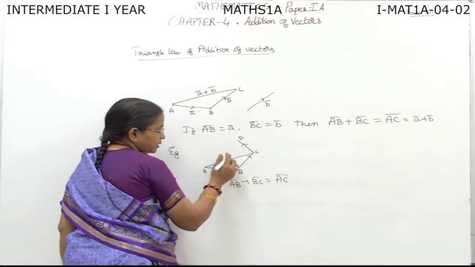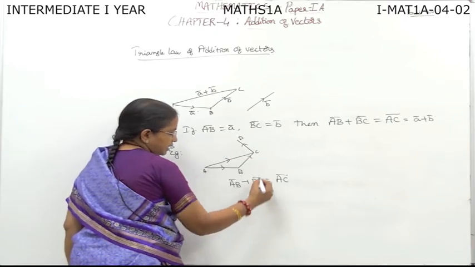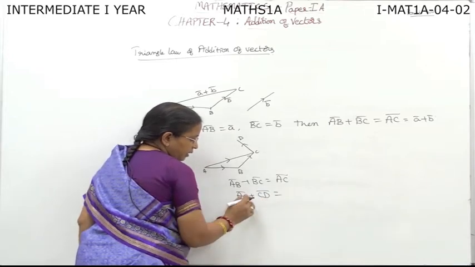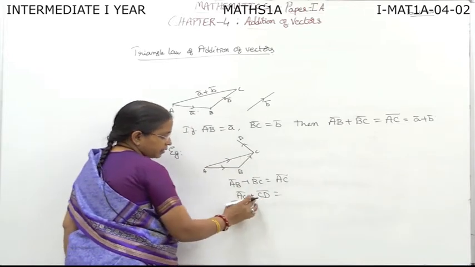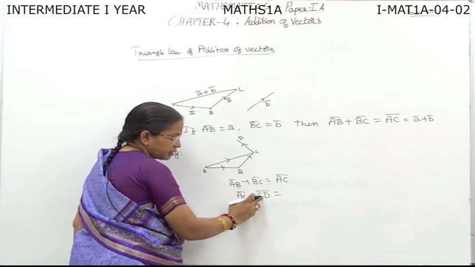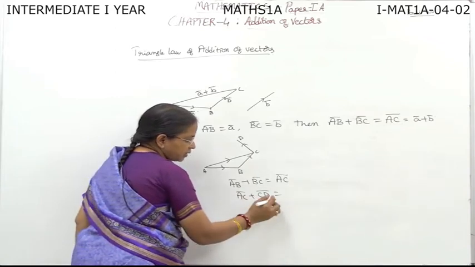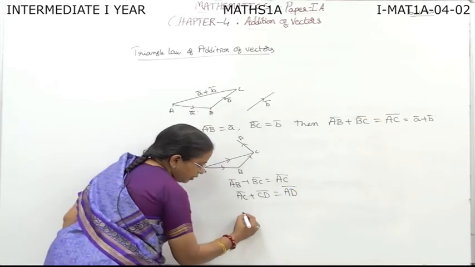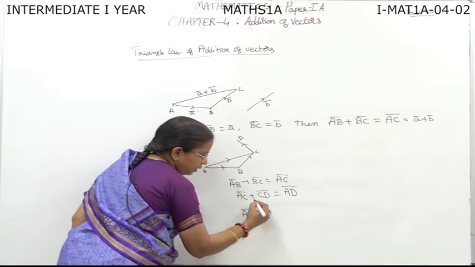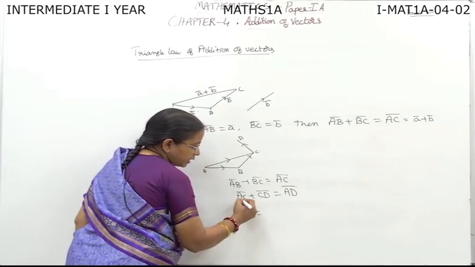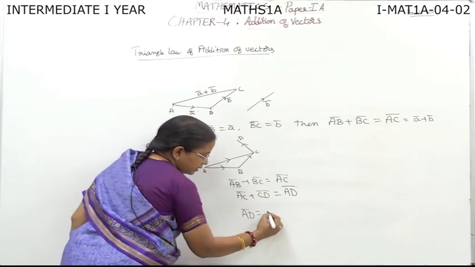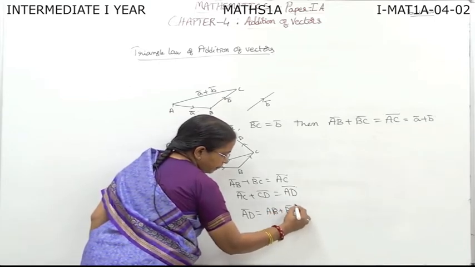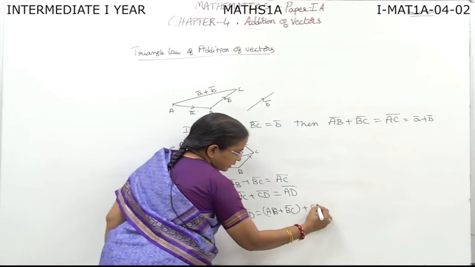Again, AC plus CD becomes AD, because the terminal point of AC is the same as the initial point of CD. So AD is equal to AC plus CD. But AC is AB plus BC, so AD is AB plus BC plus CD.